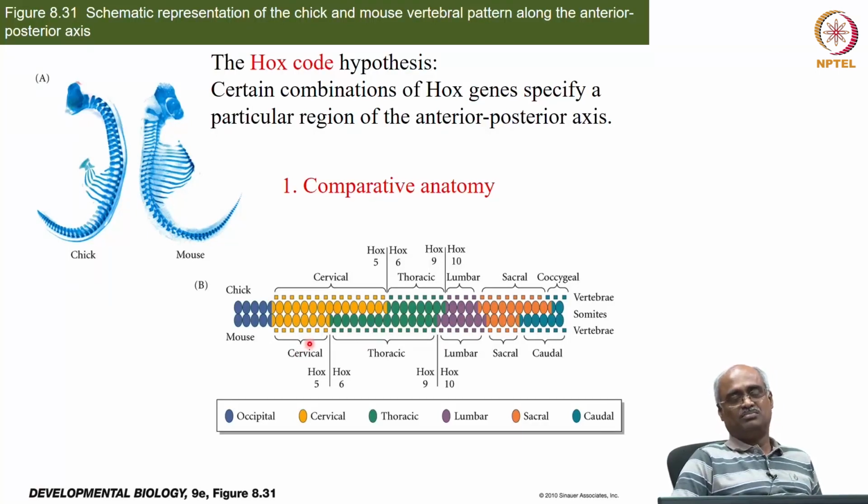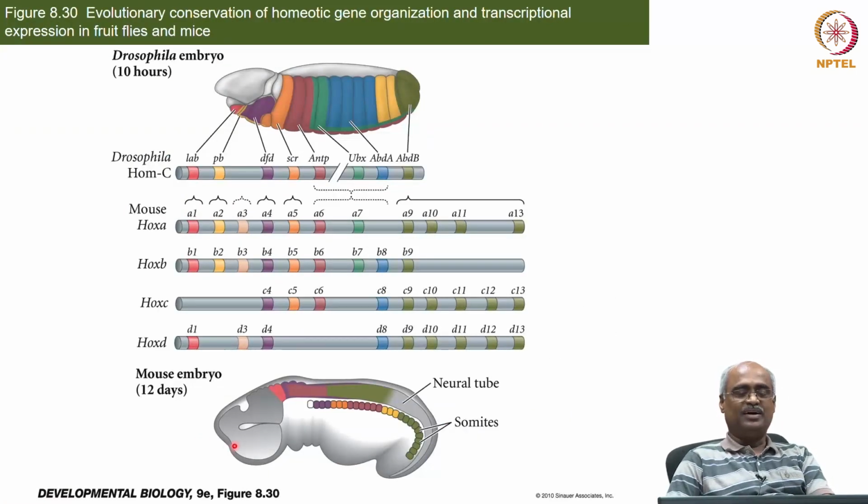Okay. Another important point, retracting a little bit back: I told you about this extreme head region, determined by the orthodenticle and empty spiracles genes in Drosophila, and believe it or not, their orthologs are the ones that determine the midbrain and forebrain.